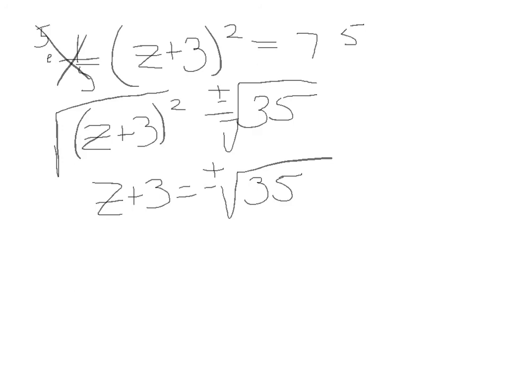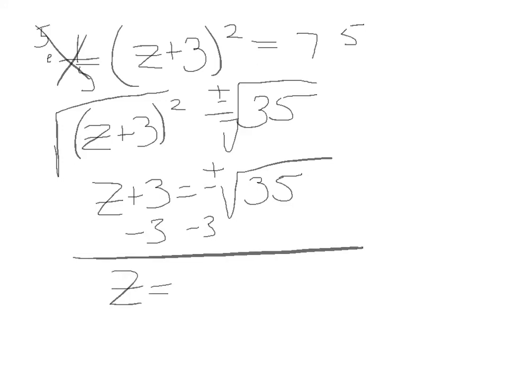No, because I could break it up into the square root of 7 times 5, but neither one of those has a nice square root, so I'm pretty well stuck with that. But I still don't have z by itself, so I do need to subtract 3 from both sides. So I will have z equal to -3, and they usually put the plus minus term at the end. And that's the answer.